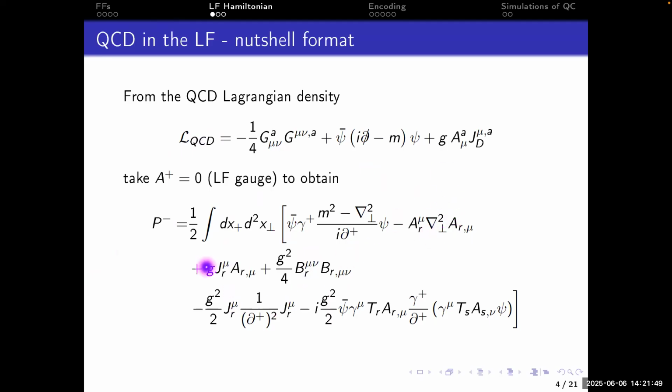Here is the interaction between the gluon field and the quark current. And here we see some self-interaction among gluons and other things that came because in this gauge, you can write the A minus component of the field as a function of the quark fields and the remaining components of the A field, and these interactions are obtained from that.